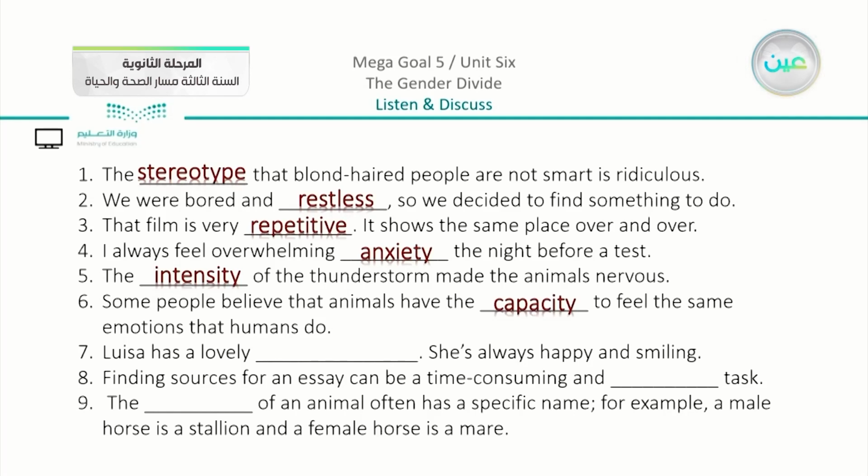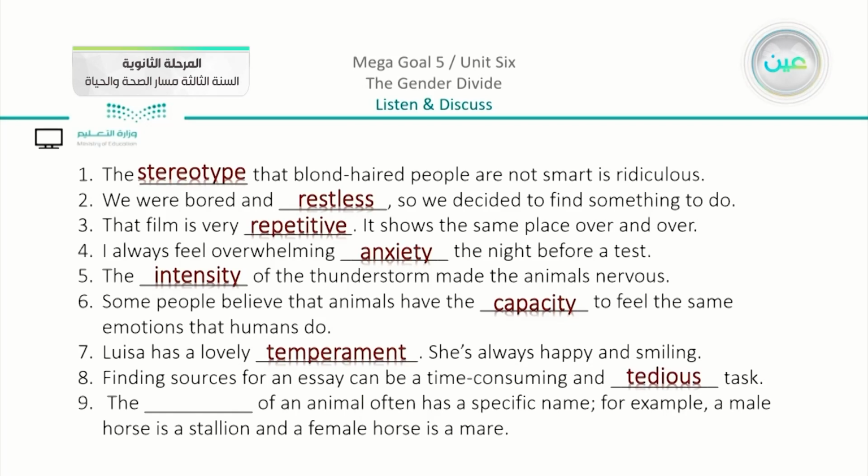Lucia has a lovely blank. She's always happy and smiling. So we are talking about Lucia's character here. And we can say another word, she has a lovely temperament. Finding sources for an essay can be a time-consuming and blank task. So some tasks are boring, or we can say tedious.